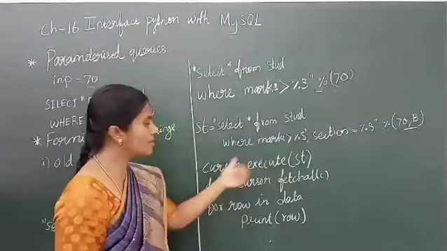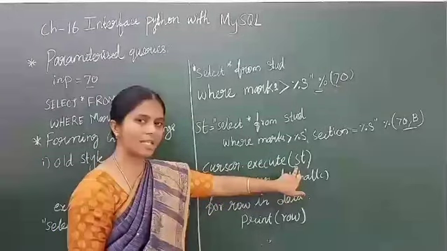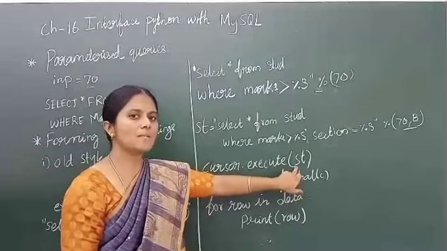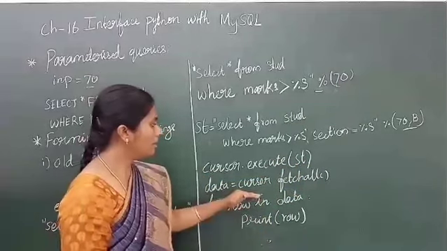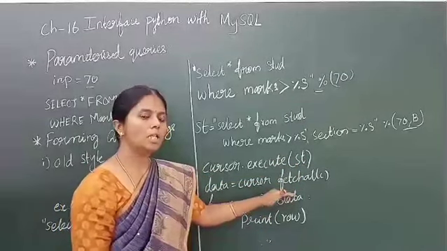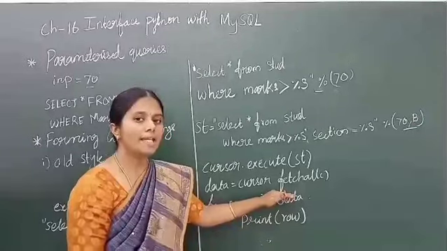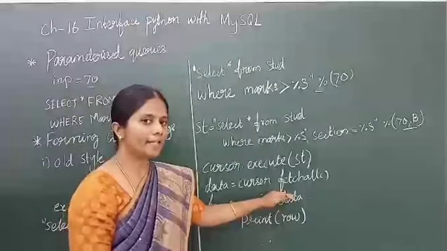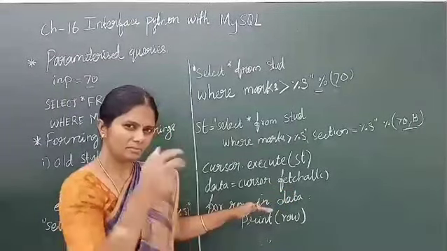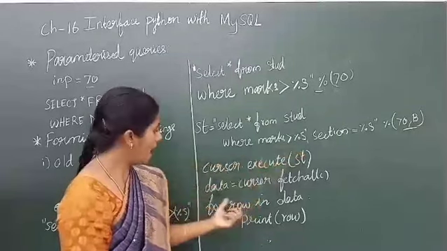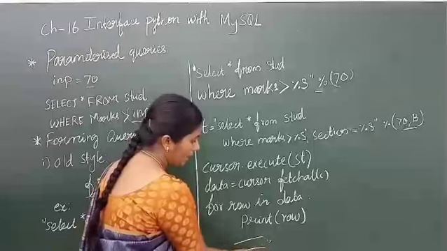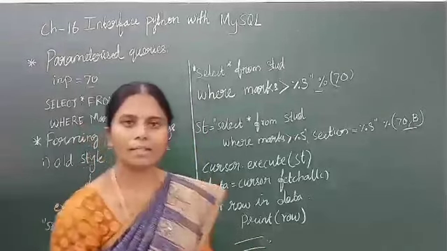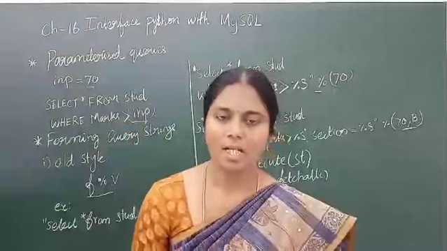Then you can execute the query; in the execute brackets you specify the variable name. Then data equals cursor dot fetchall. What is meant by the fetchall function? It will fetch all the records of the specified query and print the records row by row. Are you clear about this? Okay.